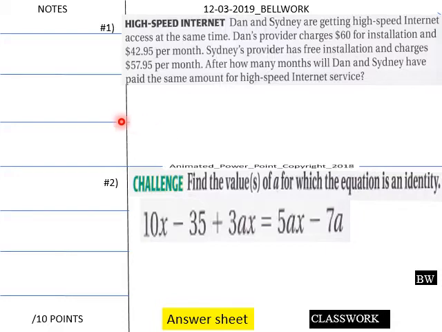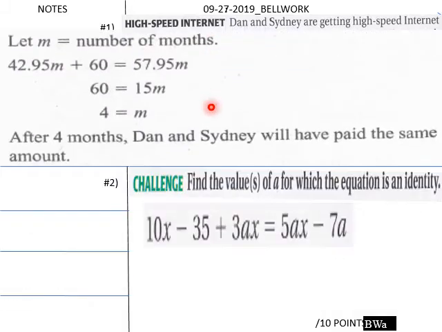Okay, welcome back everybody for today's solutions for our bell work, the high-speed internet question and then the challenge question. Up here on our high-speed internet, let's let M equal the number of months, because that's what we're after.